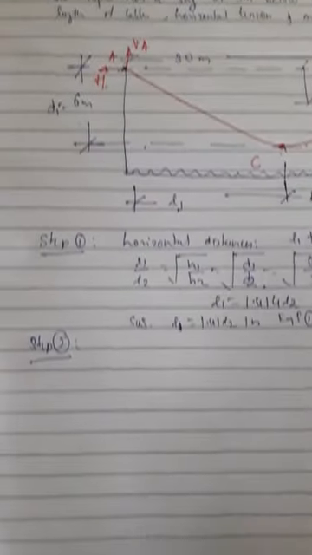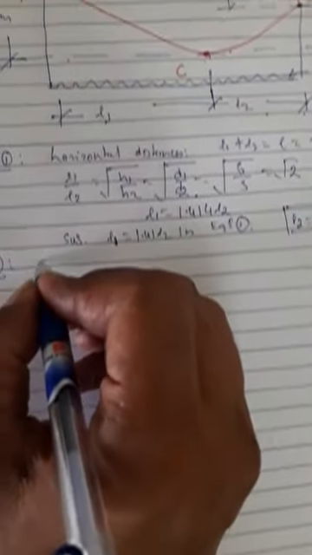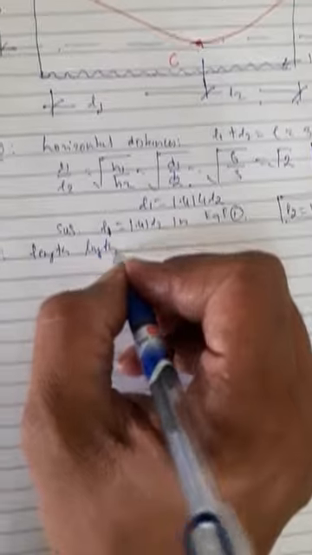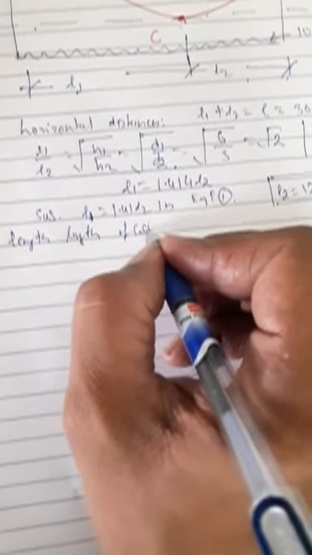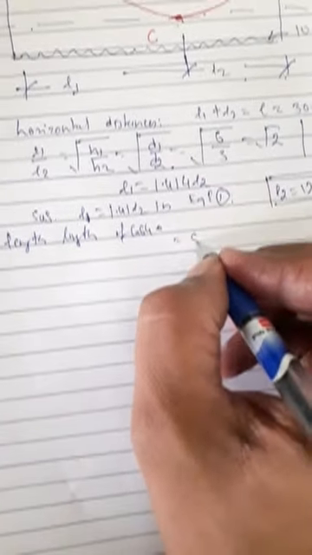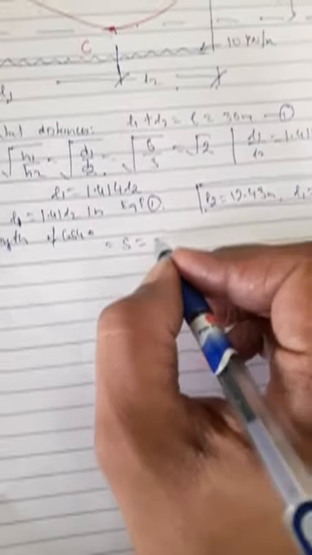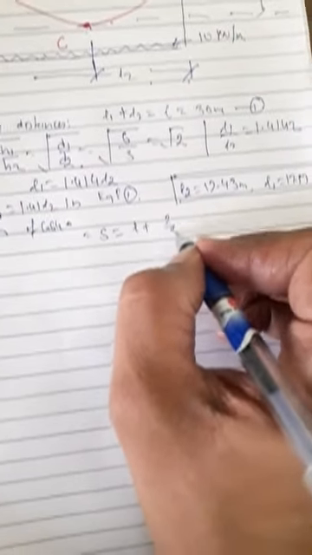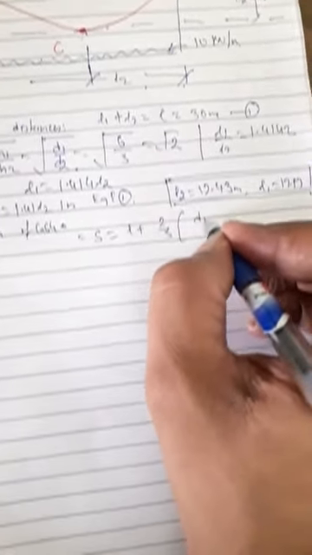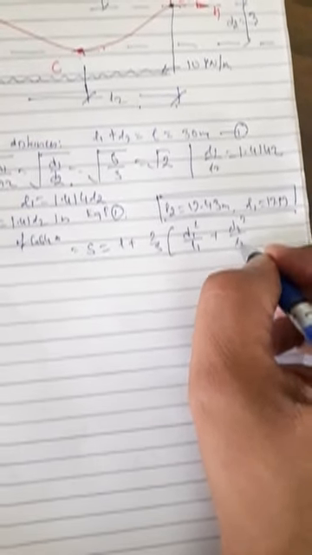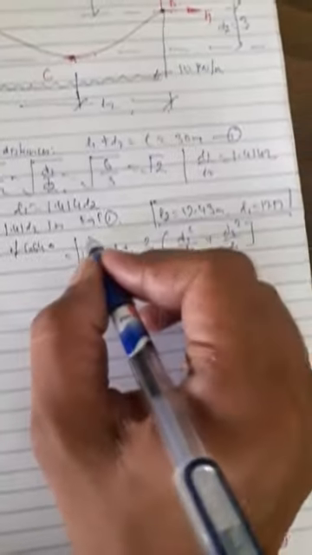Now I need to find the length of the cable, the inclined length of the cable. For supports at different levels, the inclined length of cable is S is equal to L plus 2 by 3 into d1 square by L1 plus d2 square by L2. This is the equation.